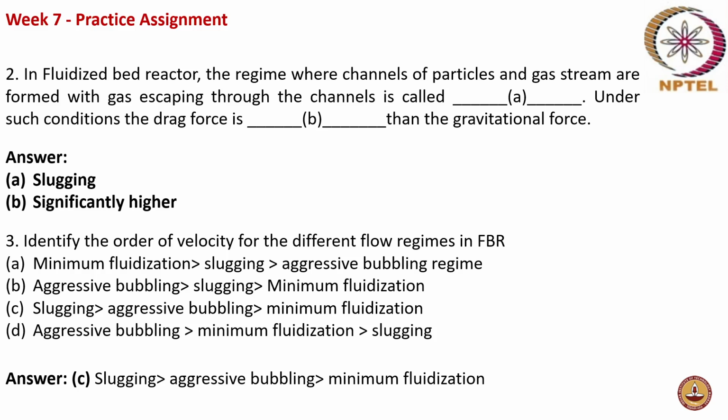And in order to form slugging, we saw that the gas and the particles start moving in separate channels. That means the velocity should be much greater than the aggressive bubbling or the minimum fluidization velocity. So option C is the right answer: slugging velocity is greater than the aggressive bubbling velocity, which is greater than the minimum fluidization velocity.